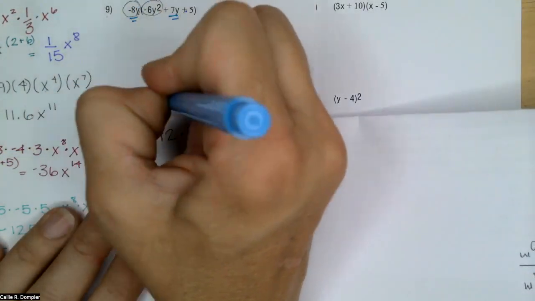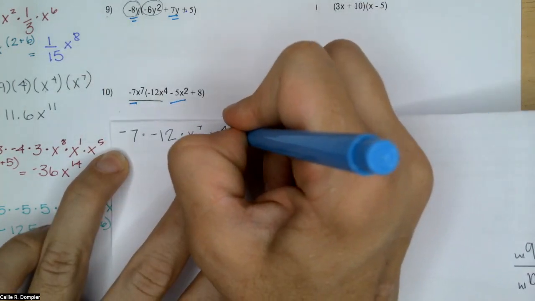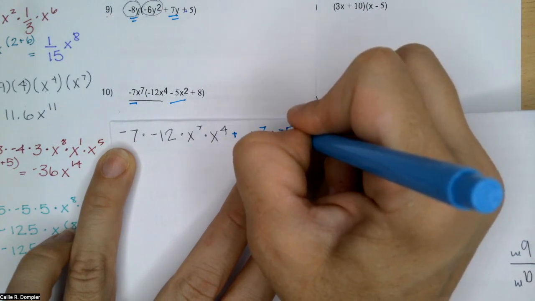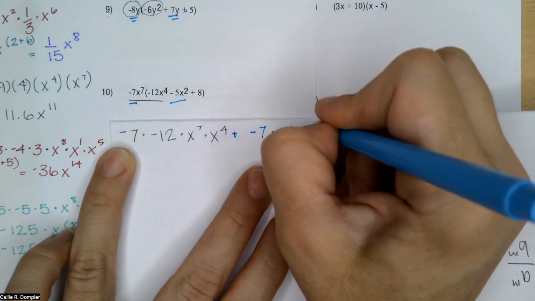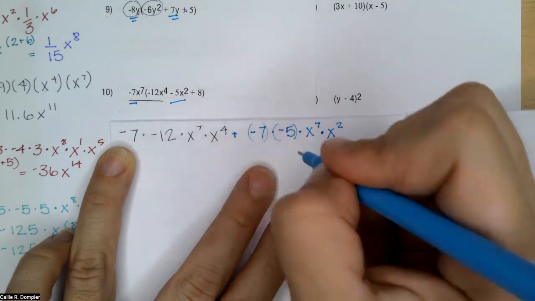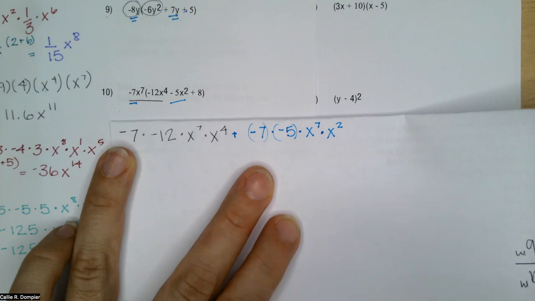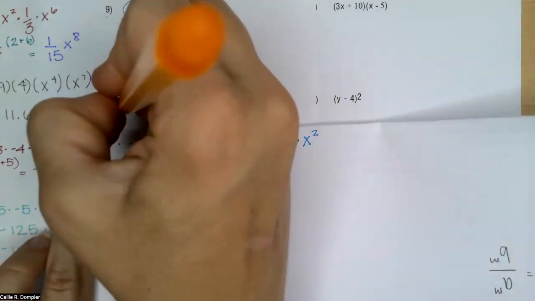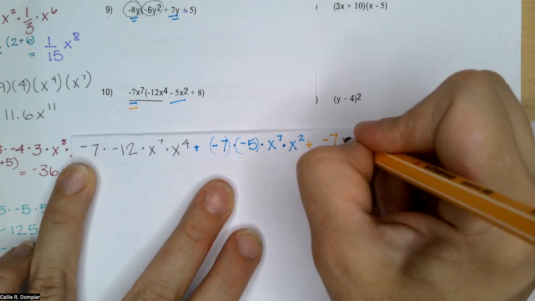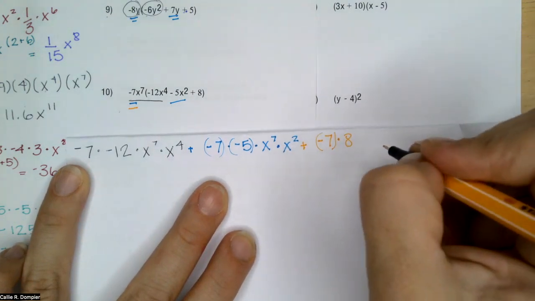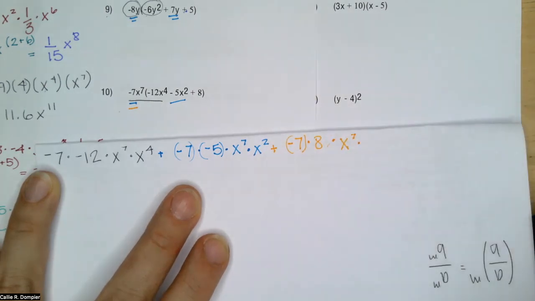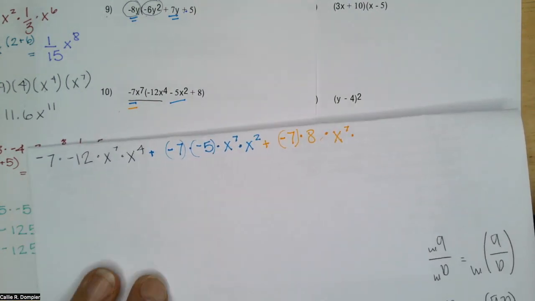Then we've got, we'll just say plus, negative 7 times negative 5 times x to the 7th times x squared, because they're negatives. Good. Last one, negative 7. So we're going to say plus negative 7 times 8 times x to the 7th. That's it, because 8 was a constant.